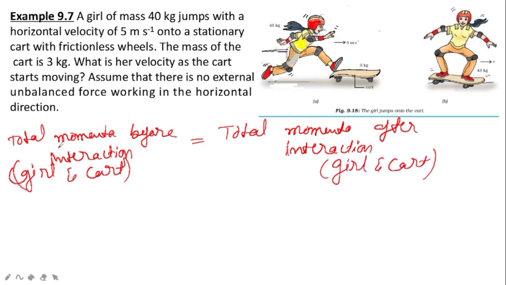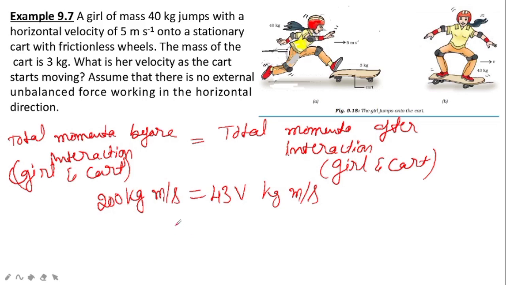Now, what is the total momenta before interaction? Before interaction it is 200 kg meter per second, which is equal to total momenta after interaction. What is the total momenta after interaction? It is 43 V kg meter per second. And then on simplification, what do we get?